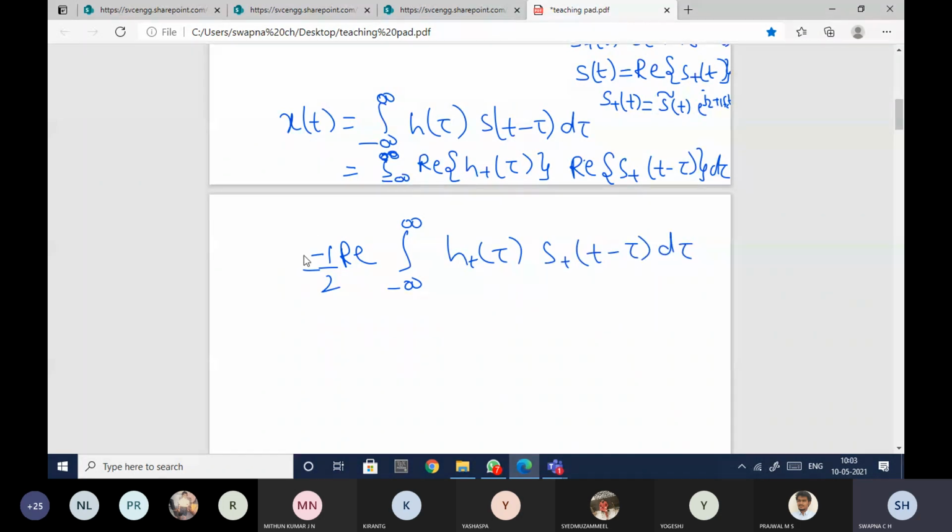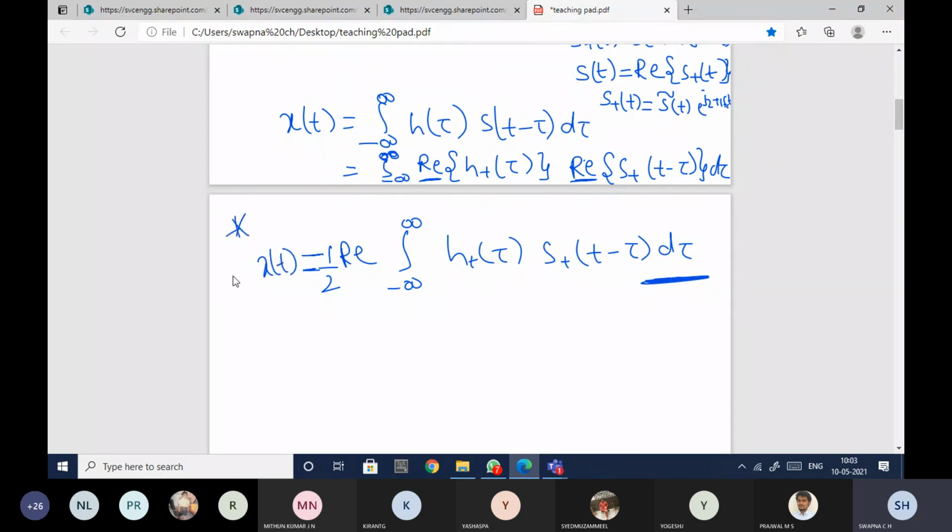This is what you need to remember. If you multiply the real part of this signal and the real part of this signal and then integrate, it will be equal to half of the real part of this integration of h plus of tau s plus of t minus tau d tau. This is the new thing which you need to note down.